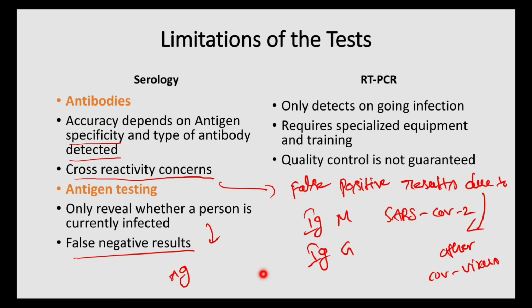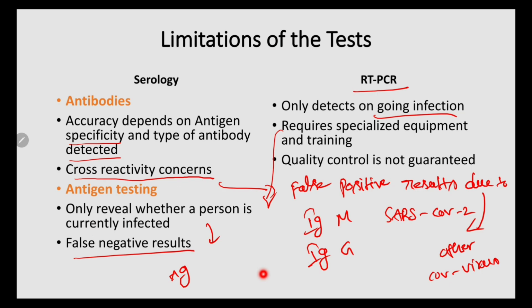What are the limitations of RT-PCR? It only detects ongoing infections. In serology we can identify the past infection of a particular person, but RT-PCR only detects ongoing infections. And the main important thing is it requires specialized equipment and training.